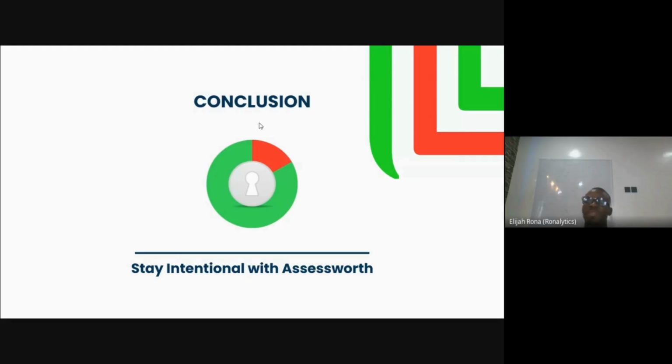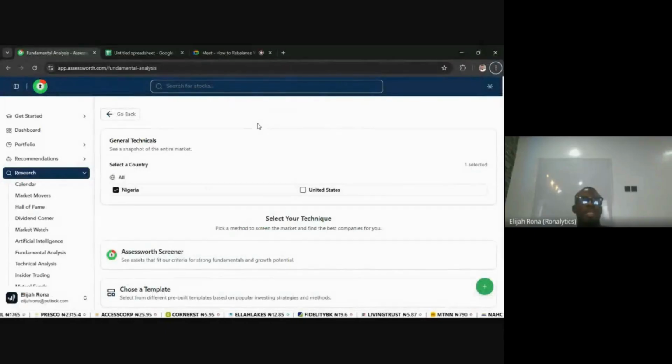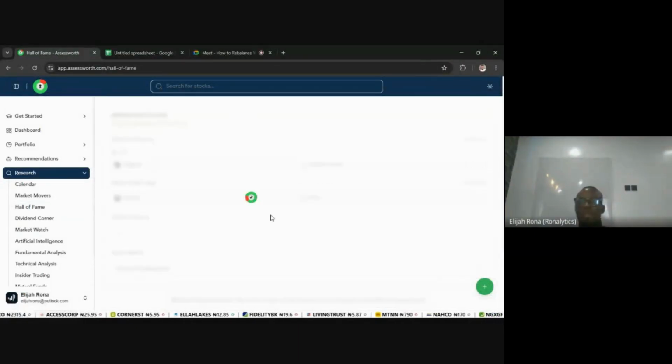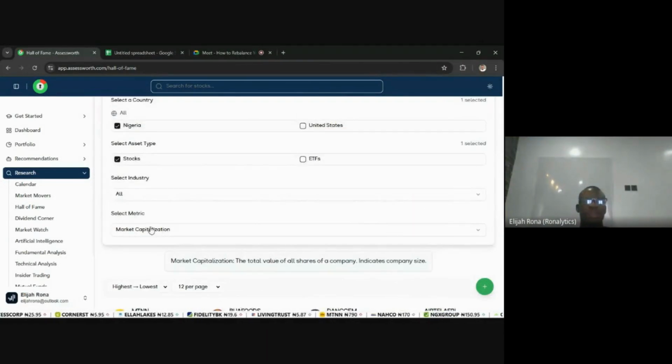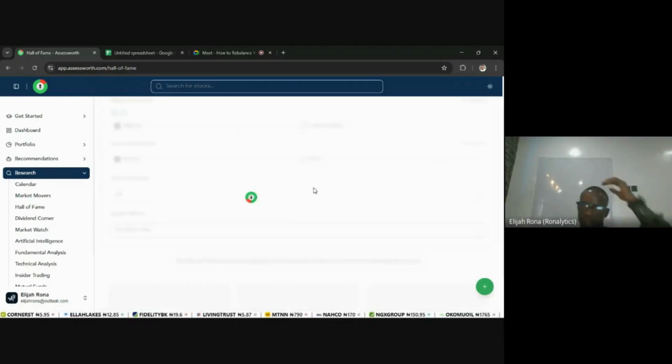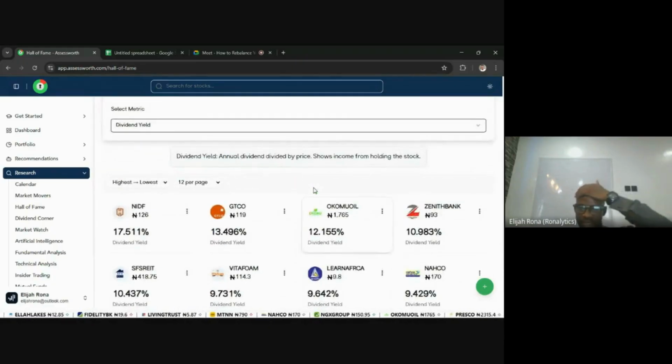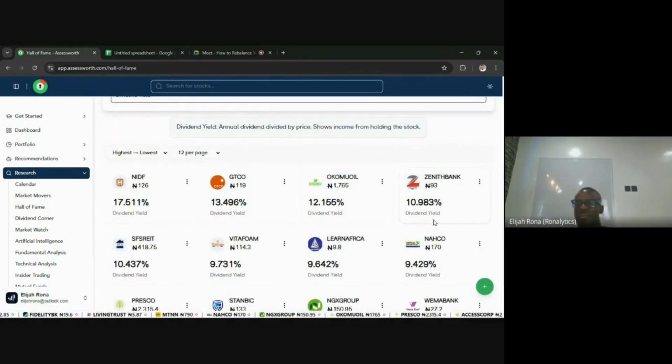But if it's by industry, I showed you during the session how to see different stocks according to industry. If it's by dividend, I showed you, let's come to Hall of Fame. Select dividends, and you'll see the high dividend payers, that is, people considering high dividend payers.